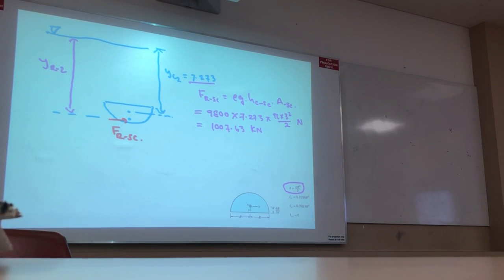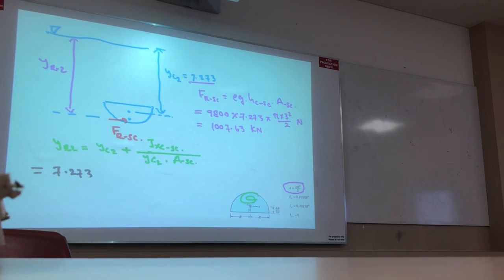Tell me. YR2 is equivalent to YC2 plus IXC of semicircle, this guy, divided by YC2 times area of semicircle. So what is the value of YC2? Tell me. 7.273 plus IXC, how much? This one. 0.1098 times r to the power 4, right?